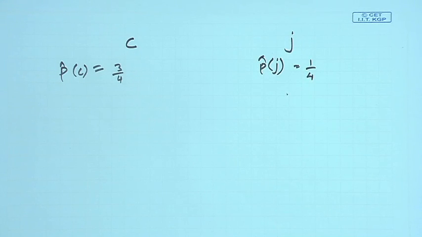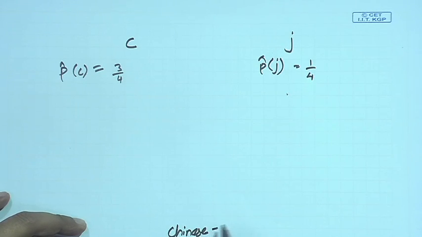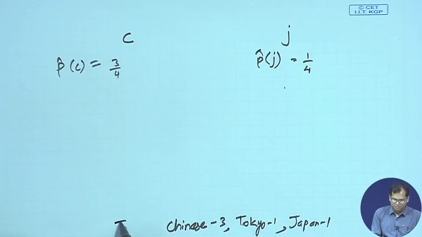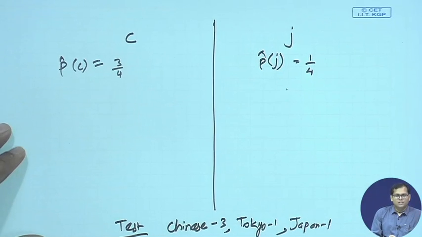Okay. Then I need to compute different probabilities for words. What are the words here in my test document? I have Chinese 3 times, then Tokyo once, Japan once. So these are the words in my test document. I want to assign it to some class. And what will be the probability of these 2 classes?